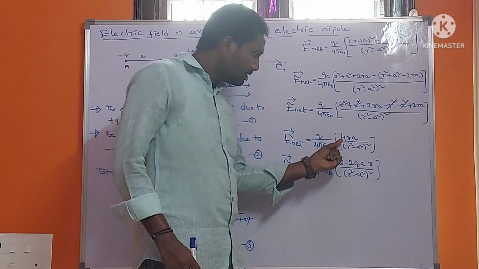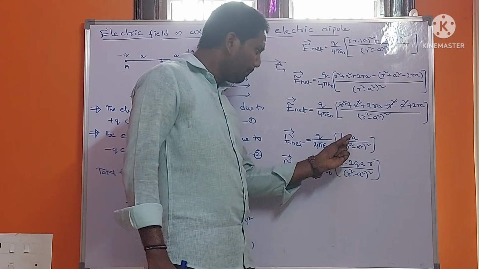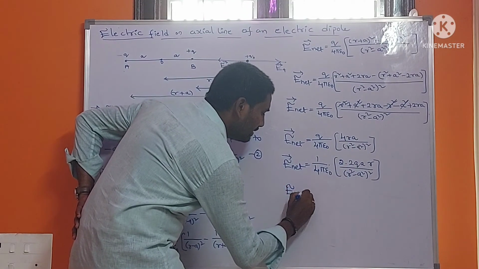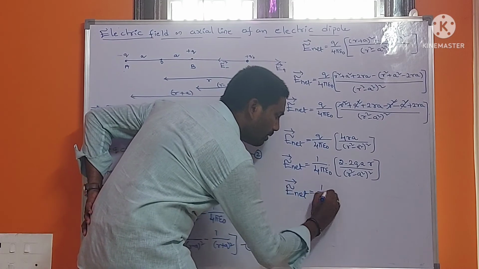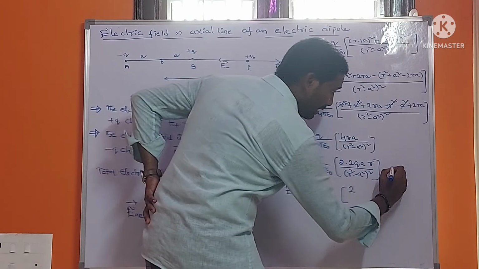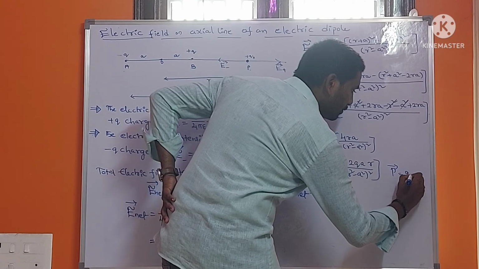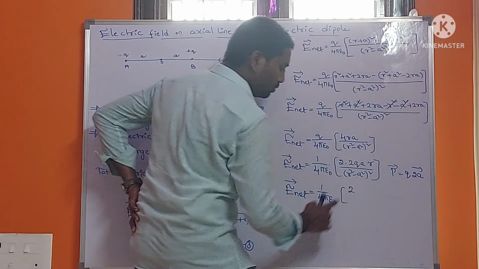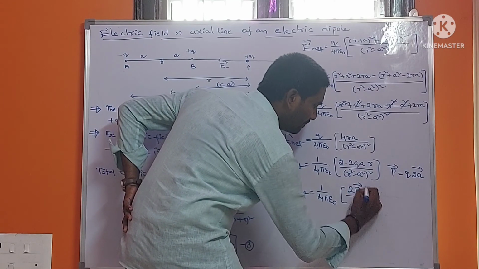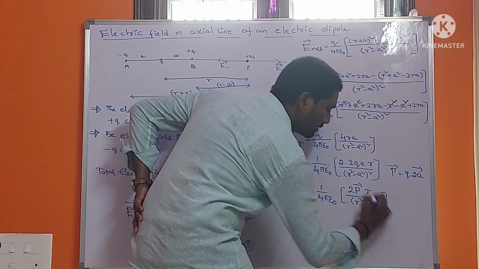All of you understand? Now E net is equal to 1 by 4 pi epsilon naught 2. Already we know that P is equal to Q into 2A. That is 2PR by R square minus A square whole square.